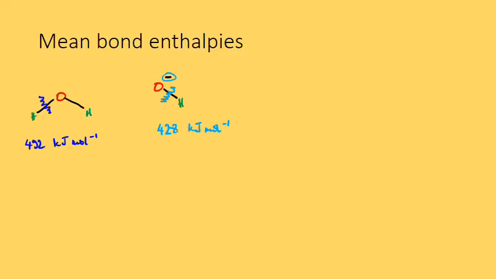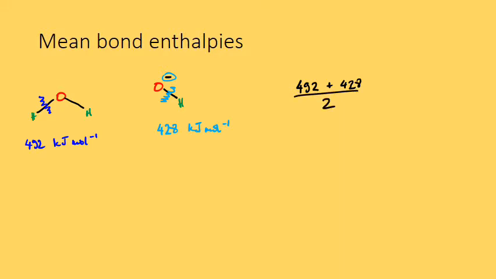So if we wanted to calculate the mean of these 2 bond enthalpies, it's a simple calculation. We take our 492 to break the first oxygen-hydrogen bond, and we take our 428 from our second oxygen-hydrogen bond.